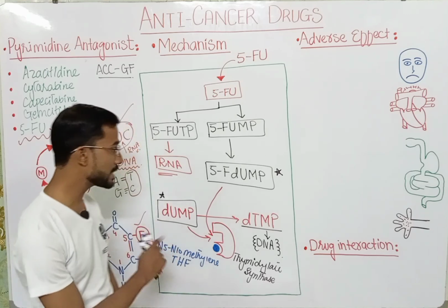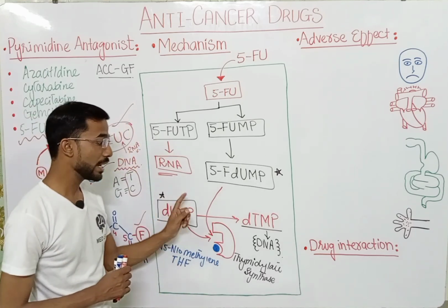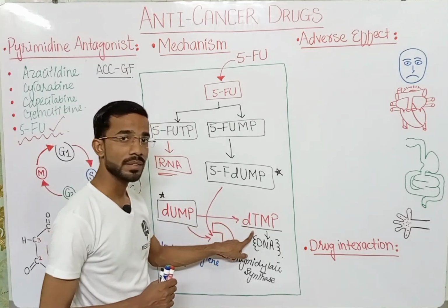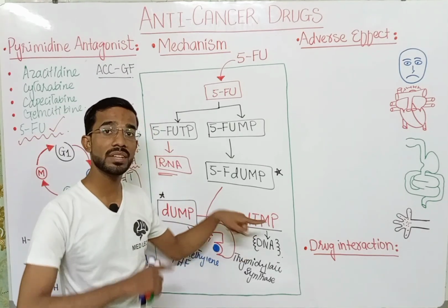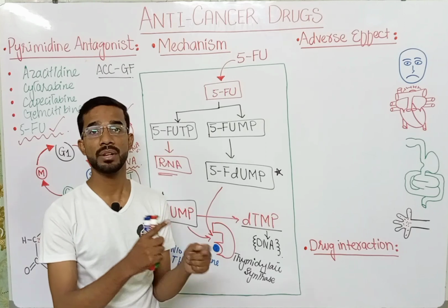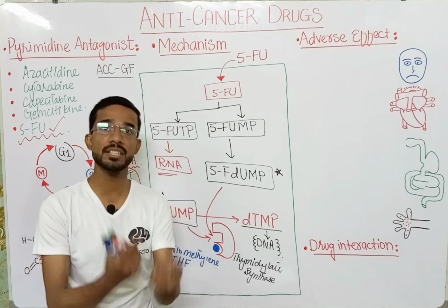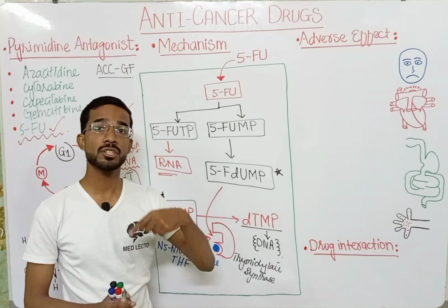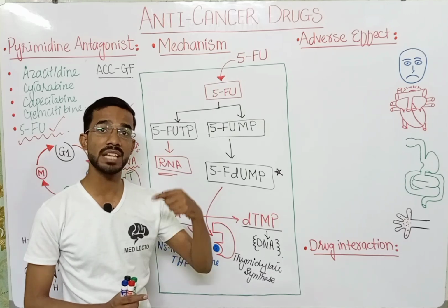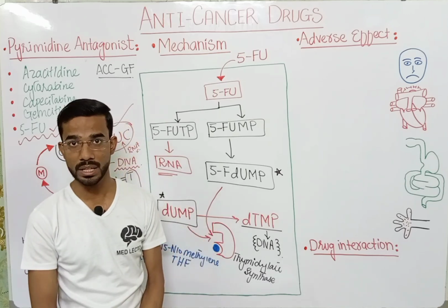Okay, this means that you will see a deficiency of thymine, and if there is a deficiency in thymine, then you will never see the synthesis of the DNA. When there is no synthesis of the DNA, then ultimately there is no division of the cell.